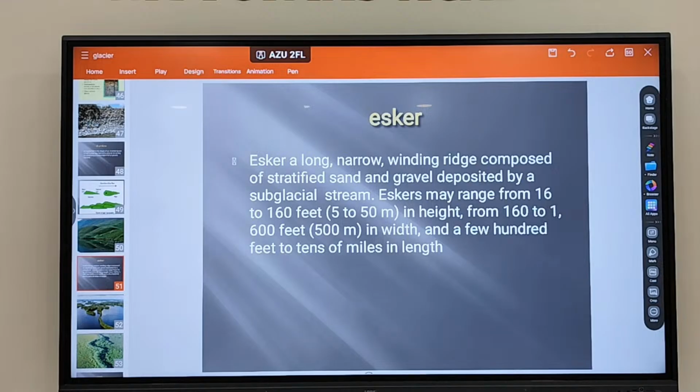Okay. So what is an Esker? It is a long, narrow ridge. Ridge means high part. And why is this ridge formed? Due to deposition by whom? Glacier.